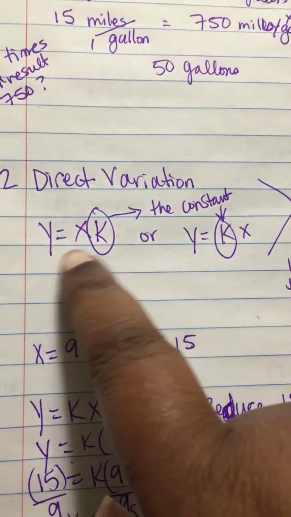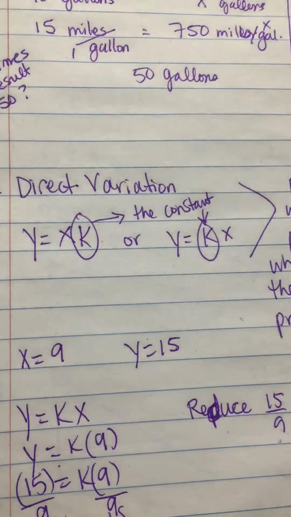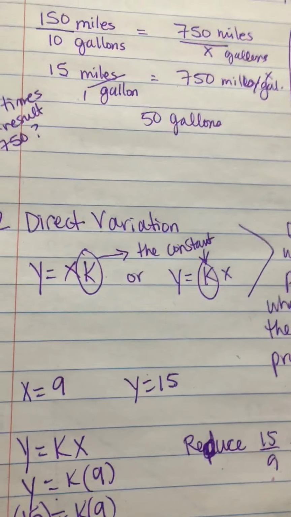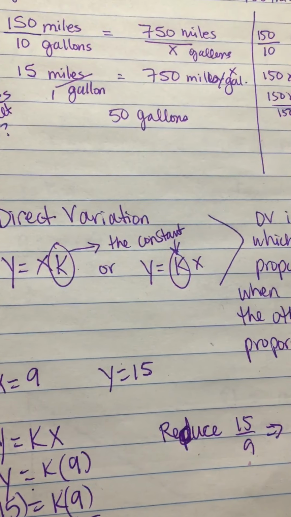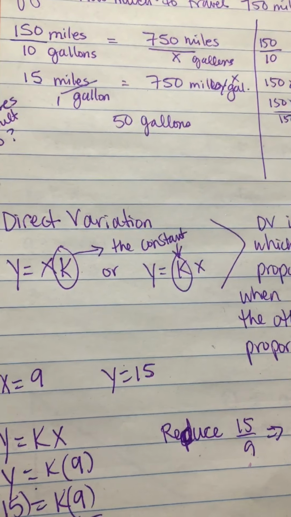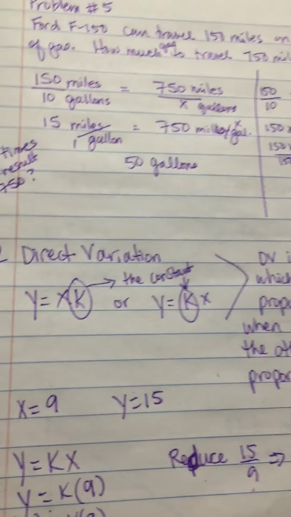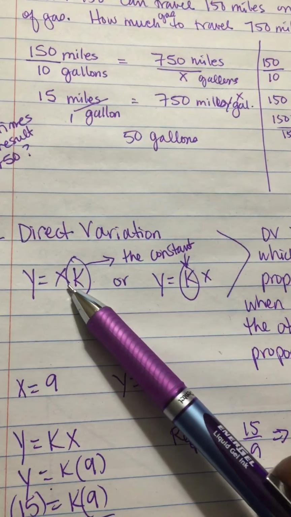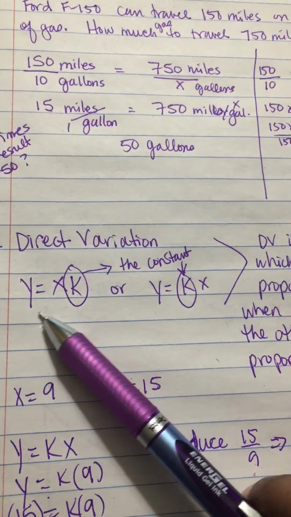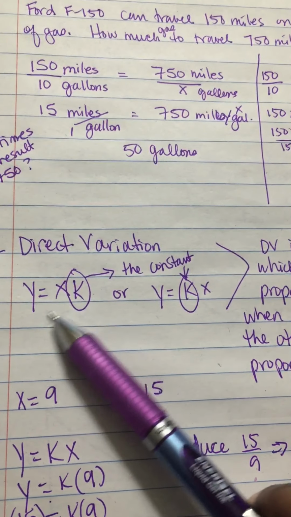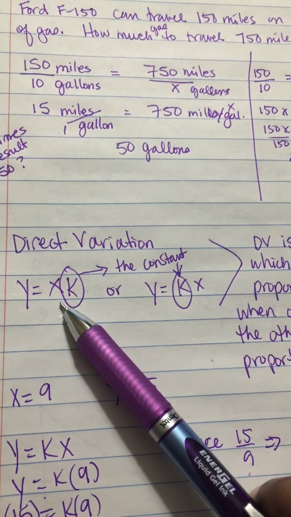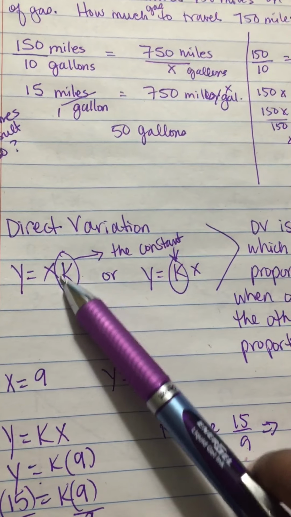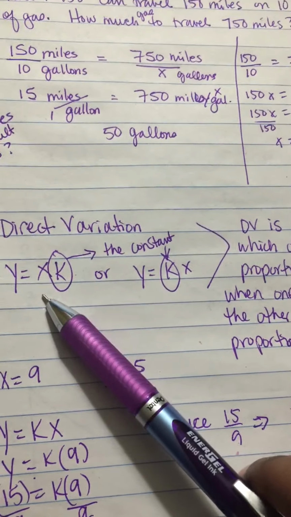For direct variation, k is your constant. The constant never changes. Now your y is going to change and your x is going to change because they have a directly proportional relationship. But the k, which is the constant, never changes. Okay.